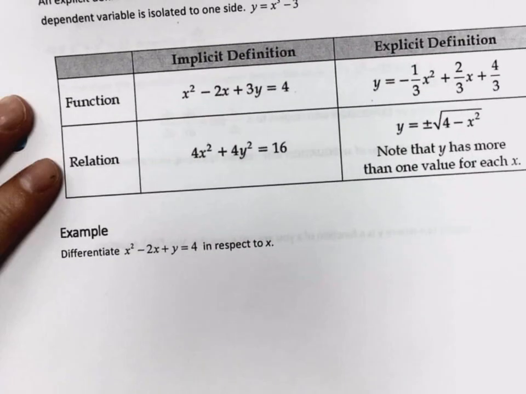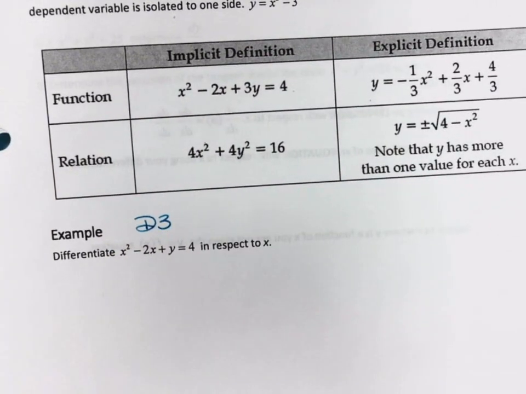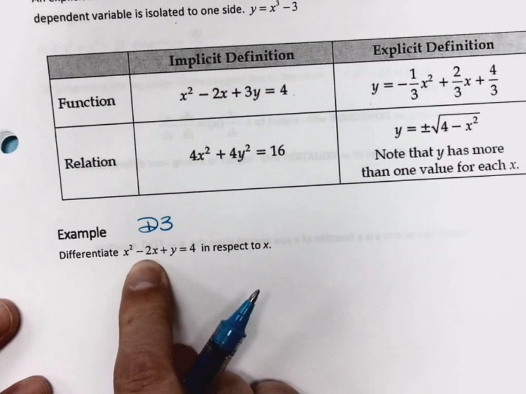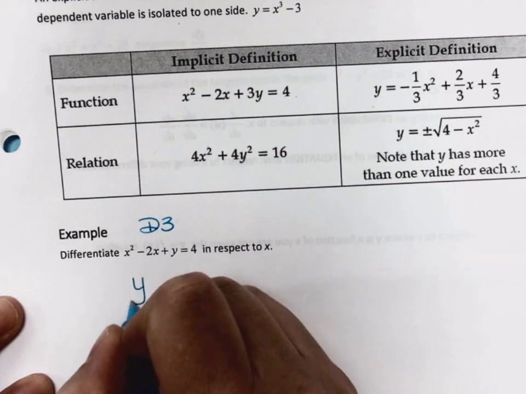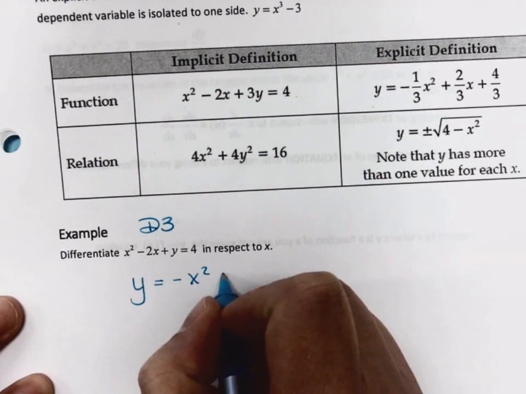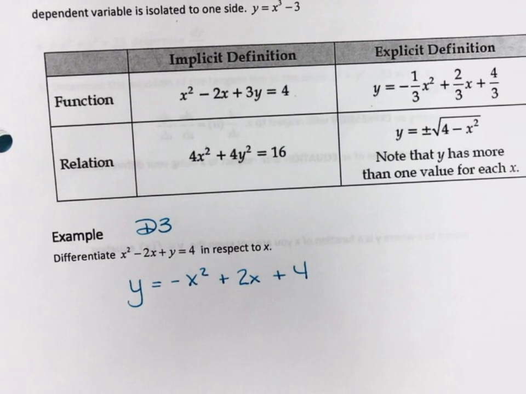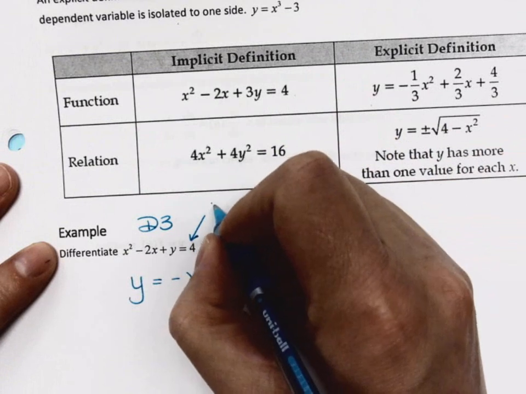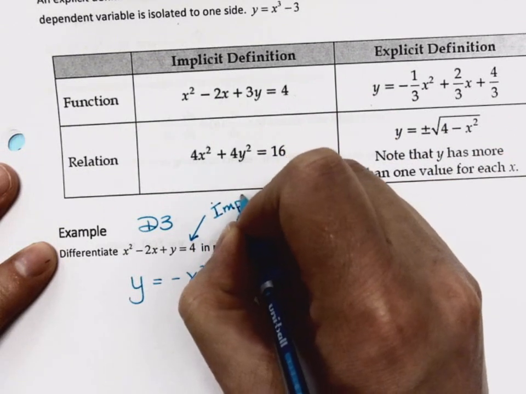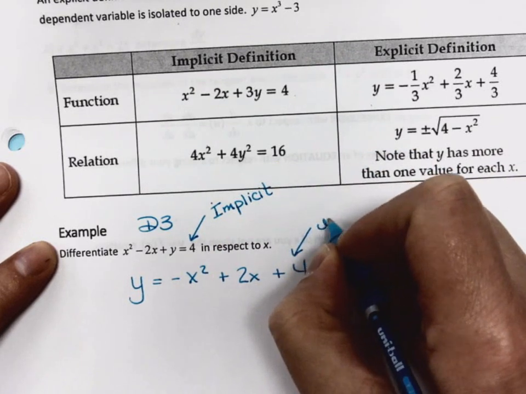So this is a D3 question. Easiest thing to do is change it from implicit to explicit. So we're going to have y equals negative x squared plus 2x plus 4, and that's your explicit.